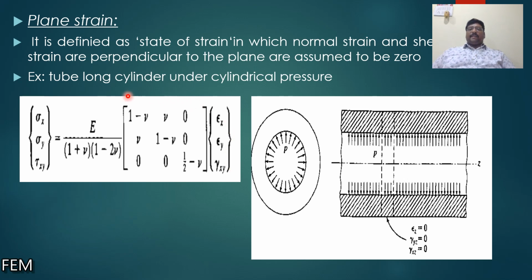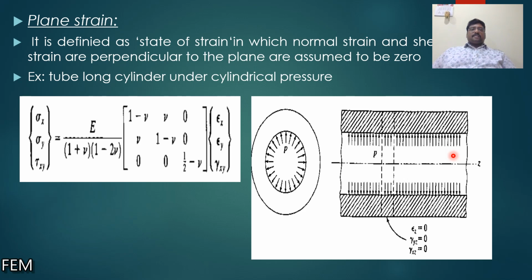Examples for the plane strain condition in a two-dimensional body are long cylindrical structures which act under cylindrical pressure or internal pressure. Okay.